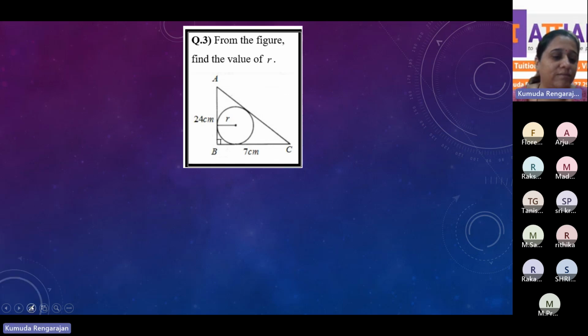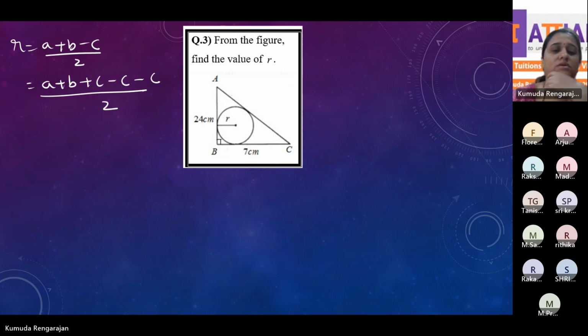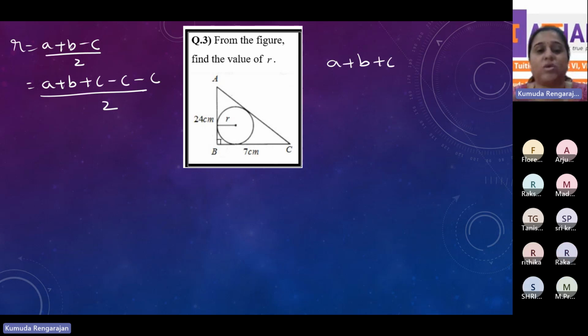Okay, so we are using this formula, a plus b minus c by 2. In the numerator you have a plus b, and you want c also, because a plus b plus c is the perimeter, the sum of the three sides.